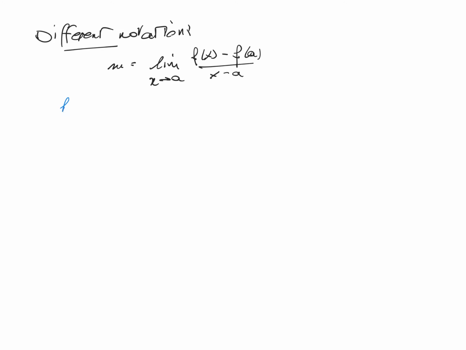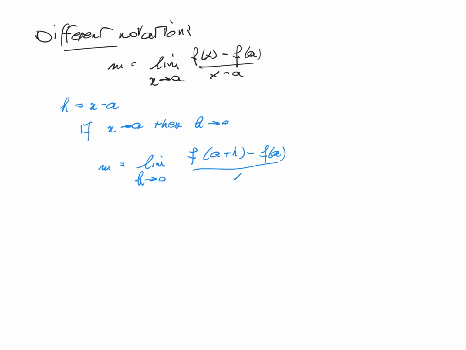If we then say that h is x minus a, then we know that if x moves towards a, then h will of course go to 0. And then m, my limit, is the limit for h going to 0 of f of x, but we see that x is equal to h plus a, so f(a plus h), minus f(a), divided by h.